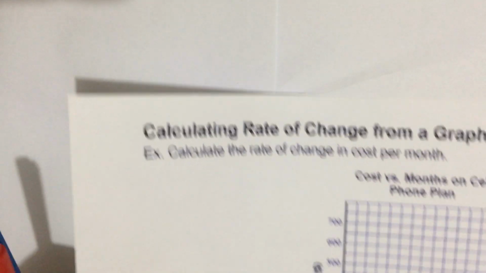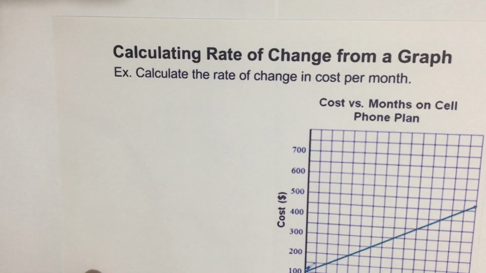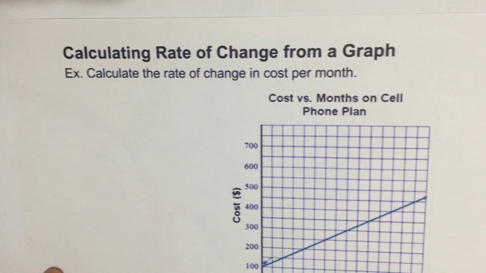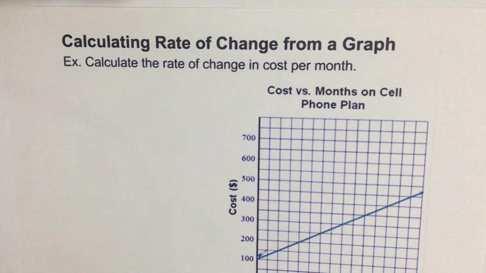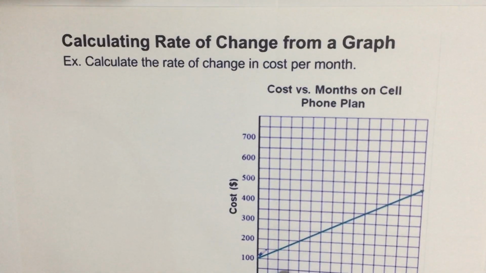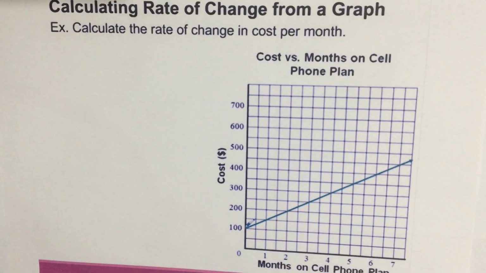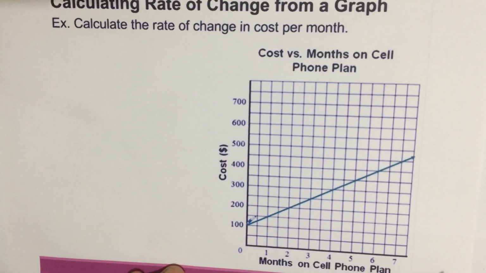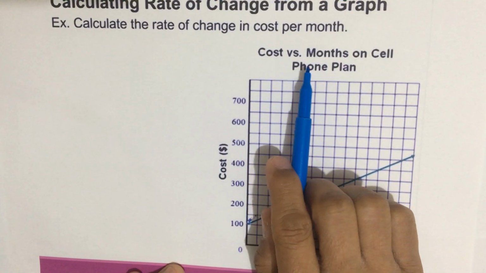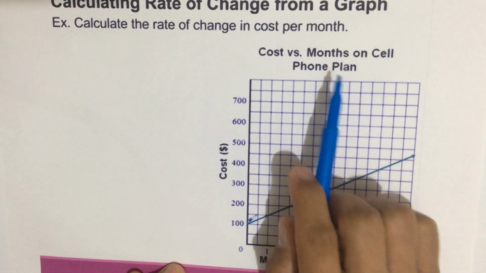So let's take a look at another example. We have here calculating rate of change from a graph. So this is our graph here. If you look at this blue line, as you look at 0, this is the month on cell phone plan. So this is the cost versus months on cell phone plan.